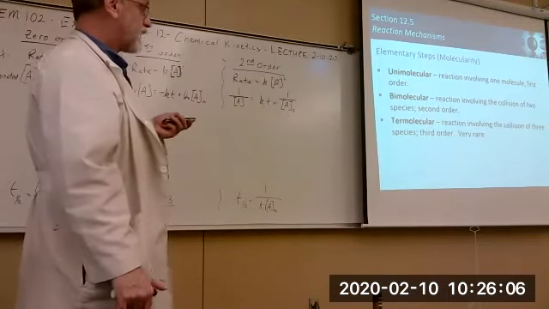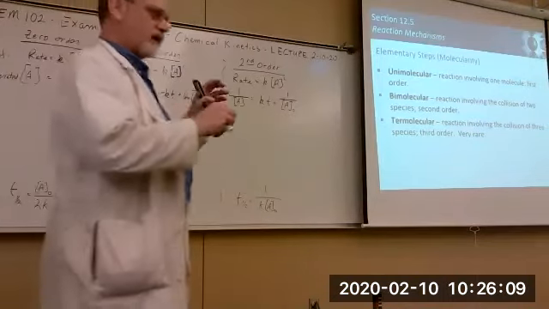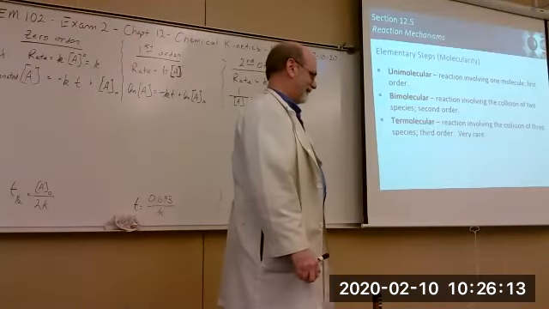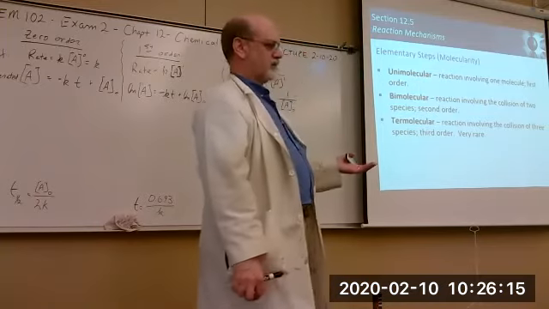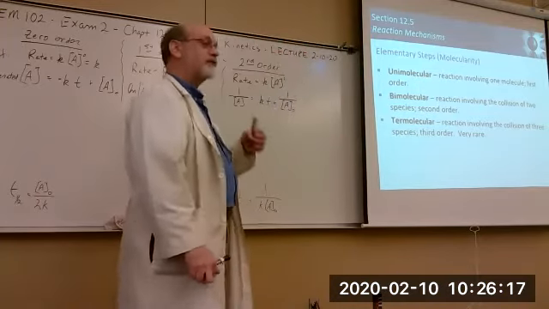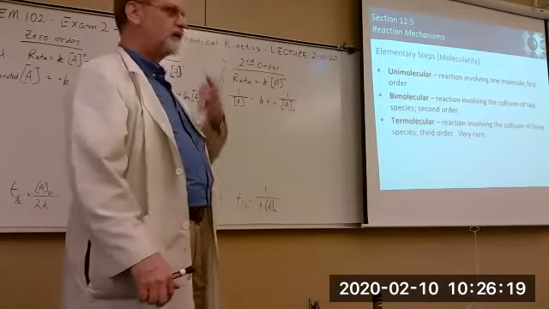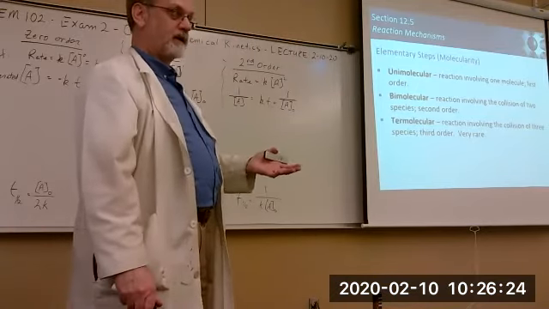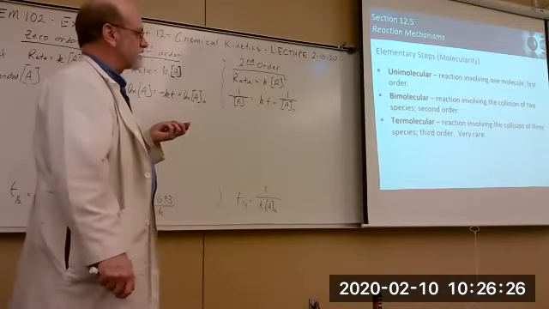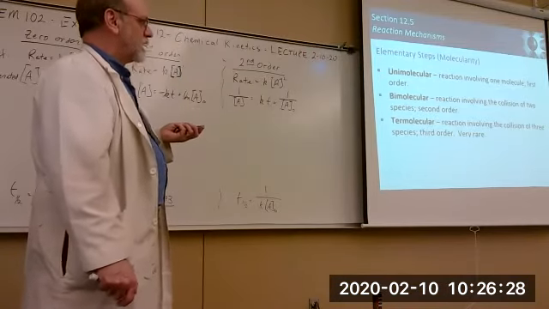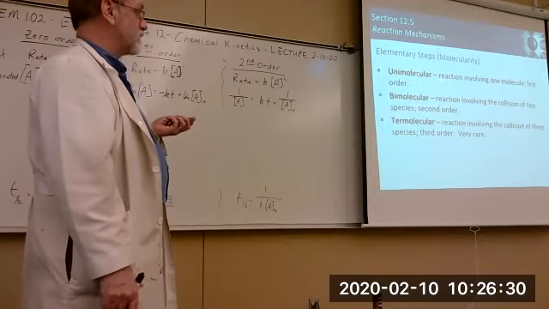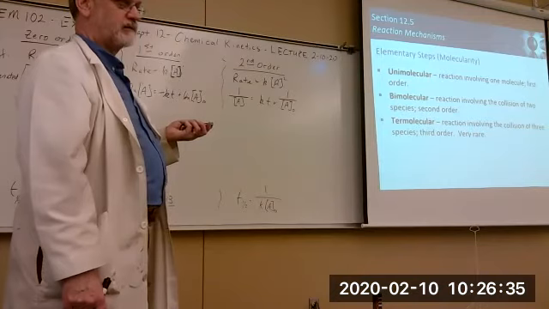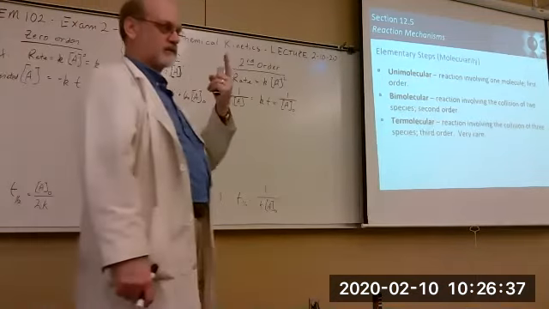Now, here's where we sort of disregard what was said earlier. You have to determine the overall order of a reaction experimentally, right? But when you start talking about elementary steps, you can say that if it's unimolecular, that's a first order reaction because there's only one molecule.